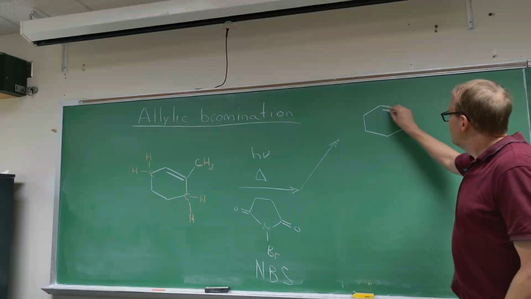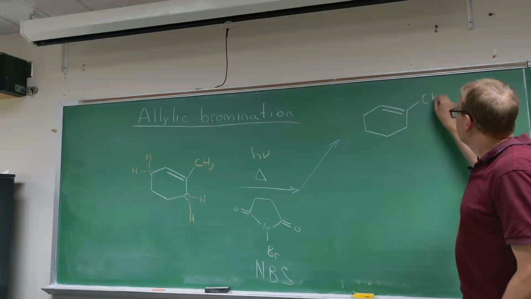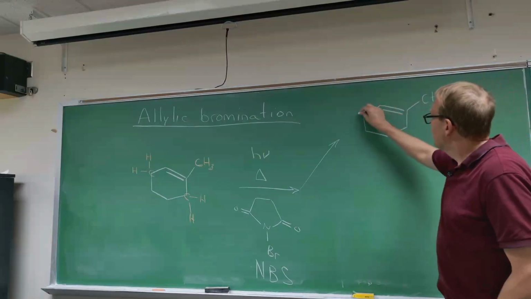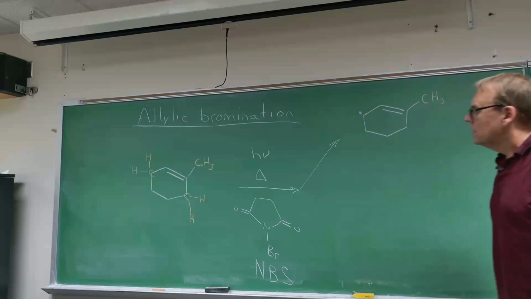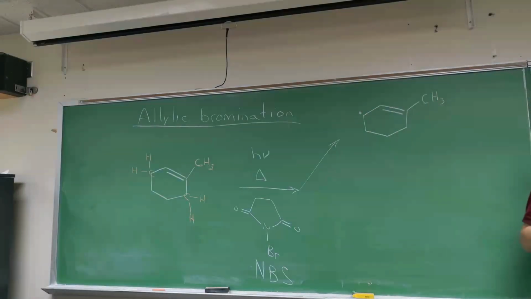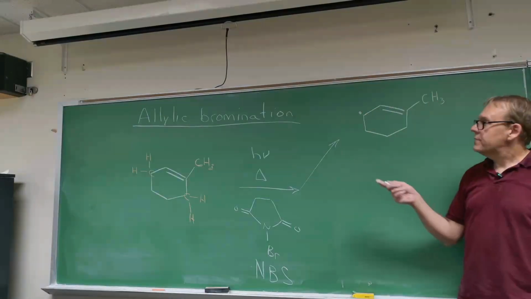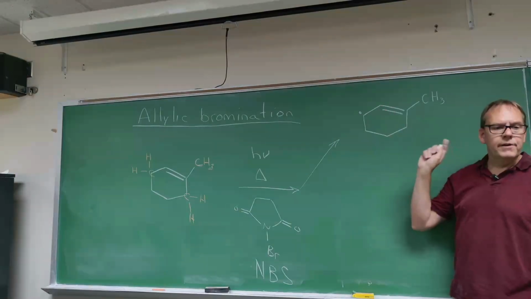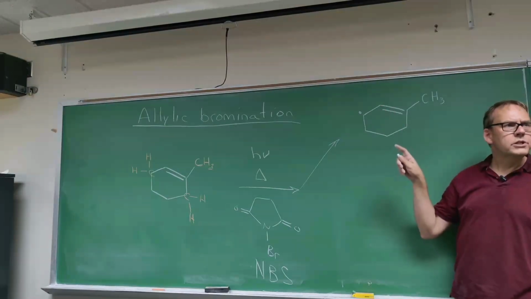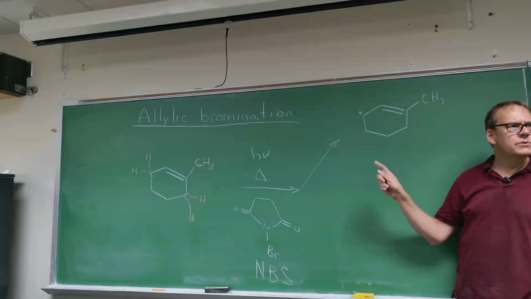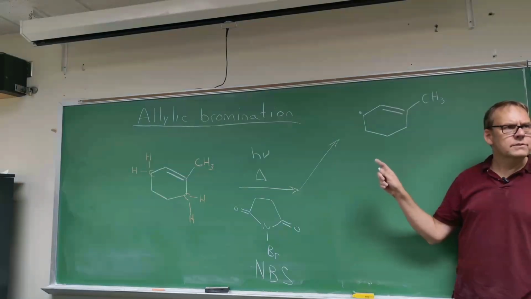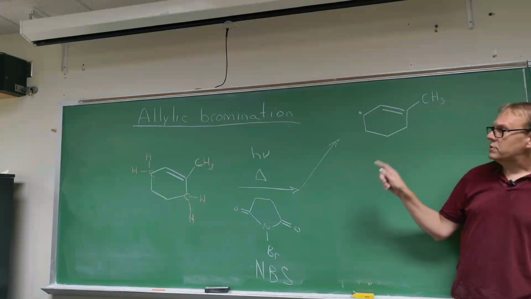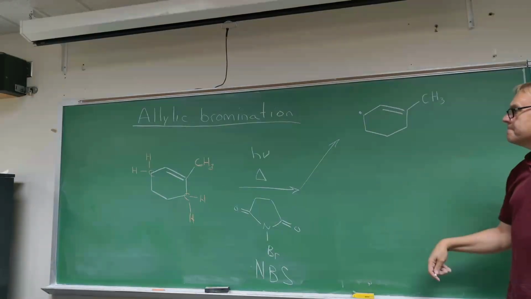The first one that we would get would be a dot in this position right there. And there's still one H attached there that I haven't shown, but this is one allylic radical. It's a dot that's next to a double bond. If you ever find yourself doing an allylic bromination reaction and you have a dot that's not next to a double bond, double check that because it's going to be wrong. So it's always got to be a dot next to a double bond.